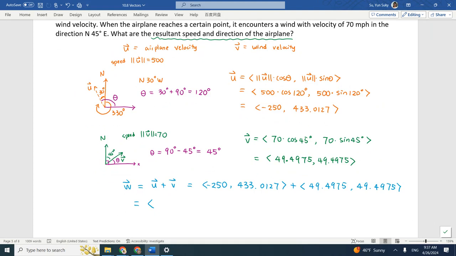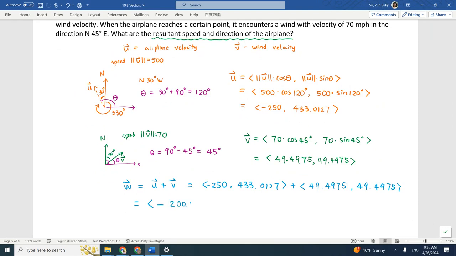I think it's negative. Yes, we add the first component, and then we add the second component. Remember vector operations, you calculate the components.